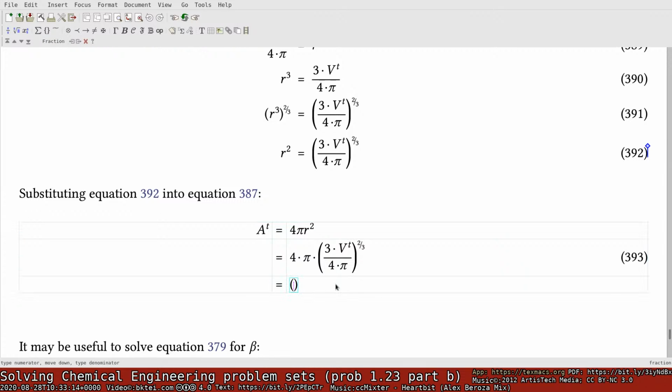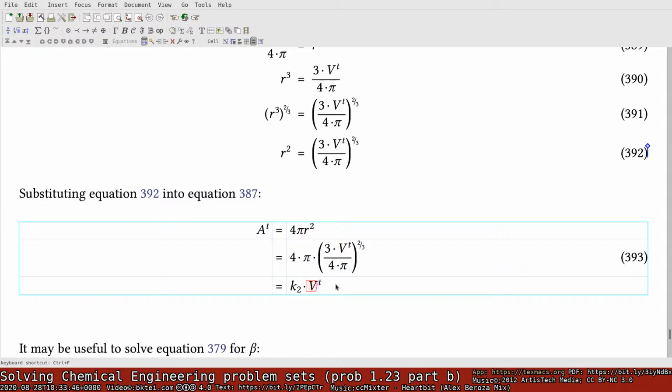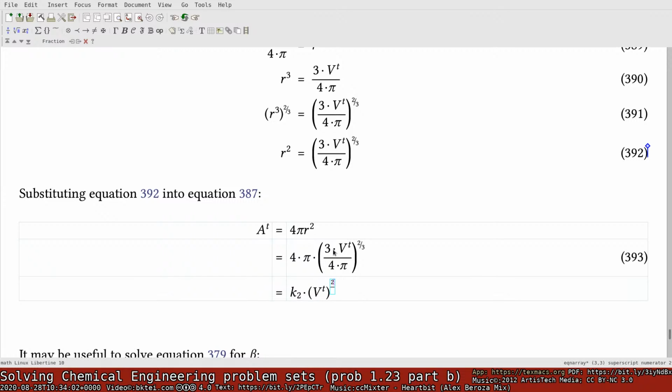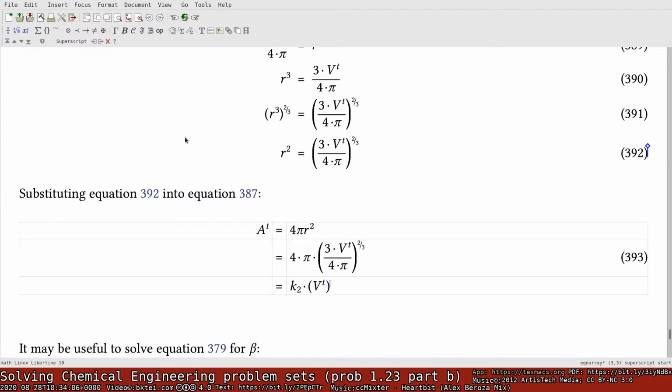Guess we could get fancy. Could you just dump all these things into a proportionality constant like so? Yeah, 2/3.